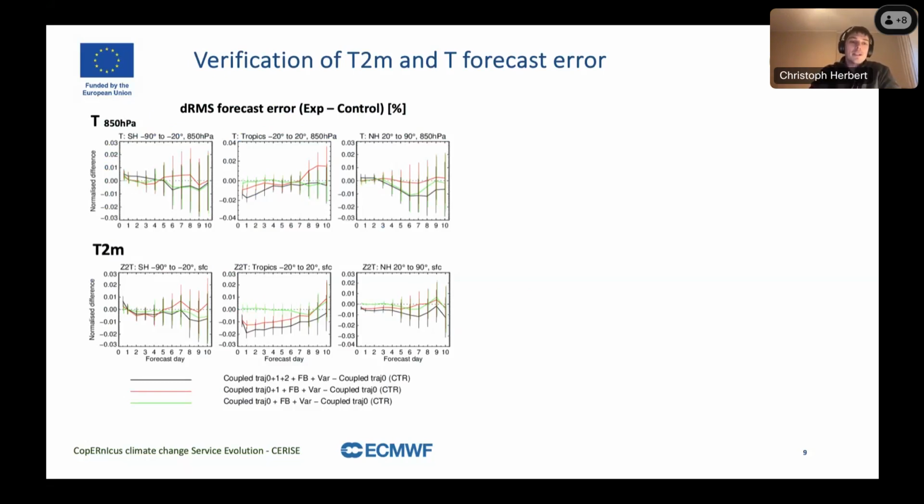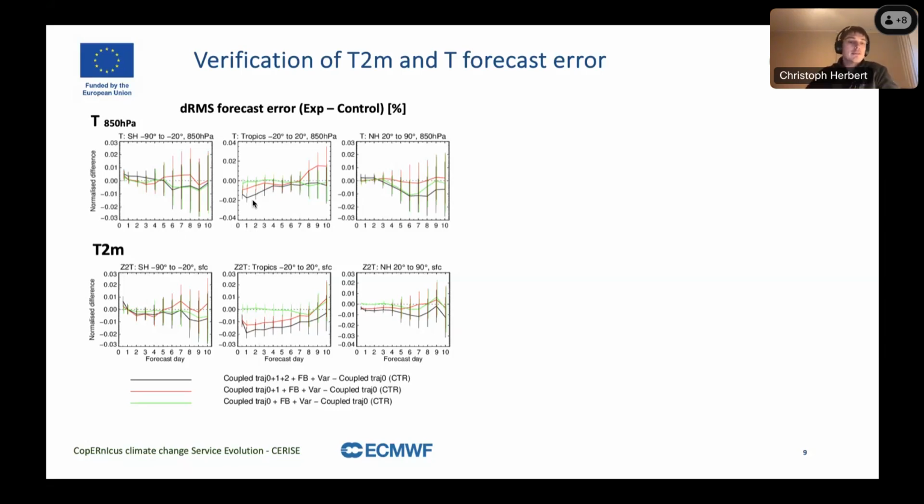For the temperature at 850 hectopascal, you see especially in the tropics a reduction of about 1 to 2% in the different forecast days. The forecast days are on the x-axis, and for 2 meter temperature we get even more reduction.